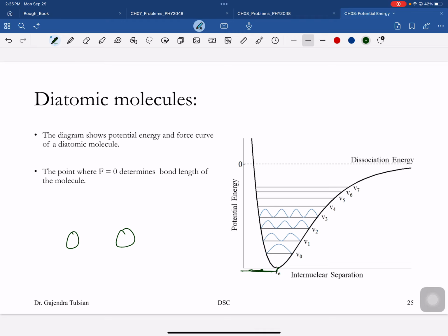If you bring them this close together, the potential energy increases, and they're being pushed that way. If the 2 atoms are this far apart, the potential energy increased, and they're being pulled together. So you look at the potential energy curve, and you know the bond length.